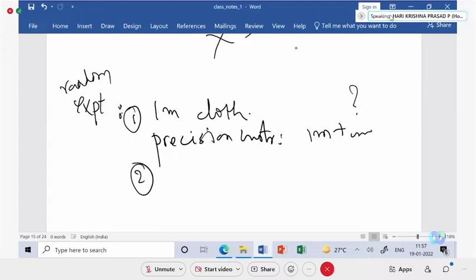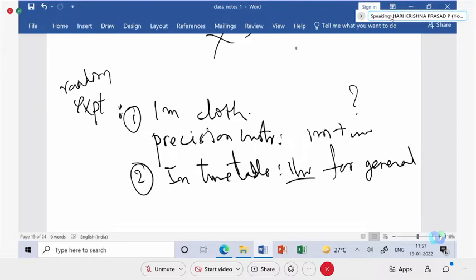Another example: in your timetable, you have allocated 1 hour of time for general reading, a reading that is not related to your academics. Suppose you are interested in literature, you start reading literature books. You are interested in art forms, you start reading corresponding textbooks.